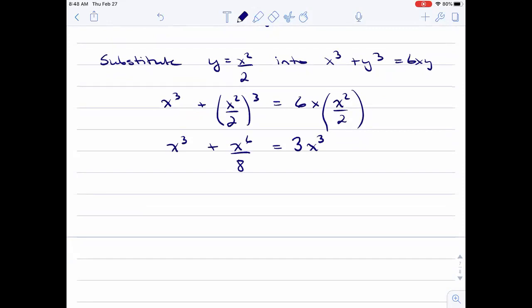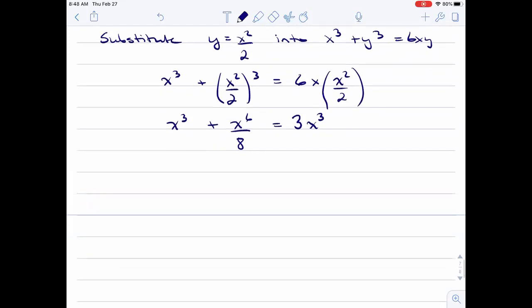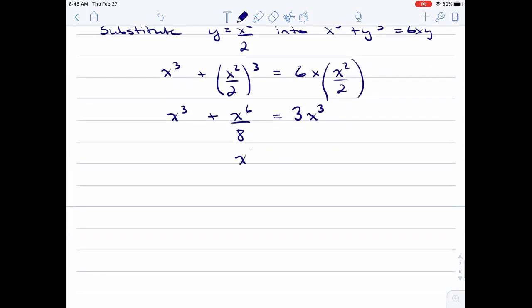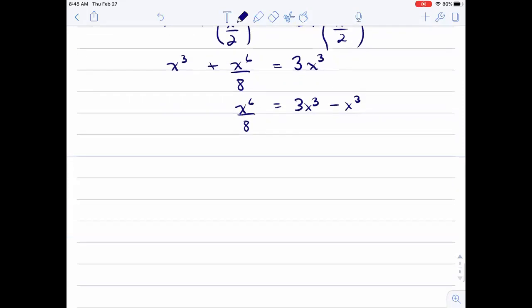I've got x to the power of 3 on the left-hand side and 3x to the power of 3 on the right-hand side. So I'm going to move those together so I can collect like terms. Then I have x to the power of 6 over 8 is 3x to the 3 minus x to the 3, so x to the power of 6 over 8 is 2x to the 3.